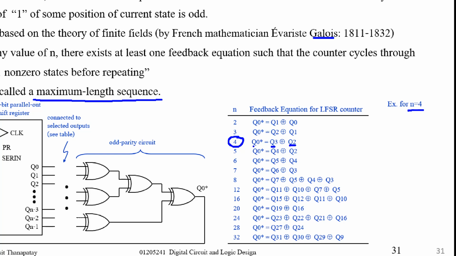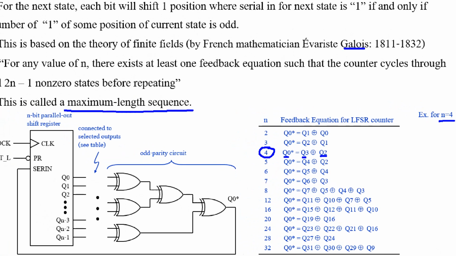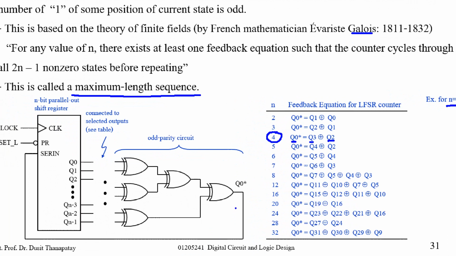If yes, Q0 star is 1. Namely, you feed the result of these two into 0 in. If you use shift left, that is L in.